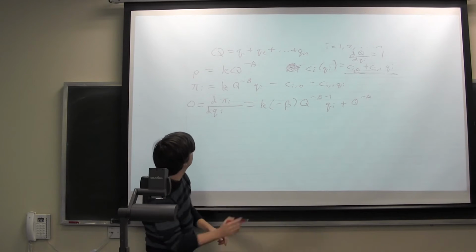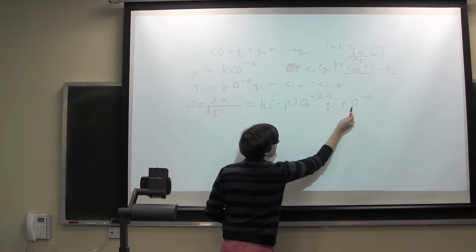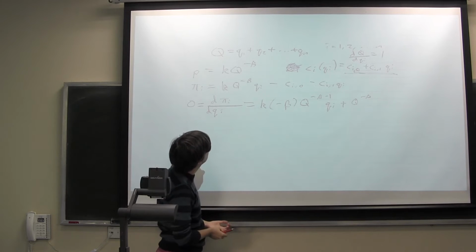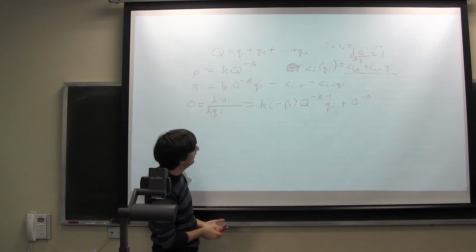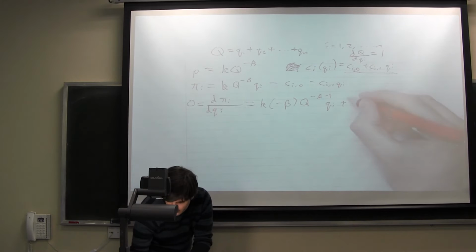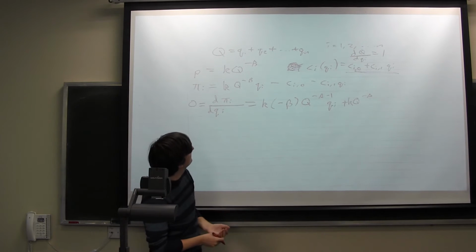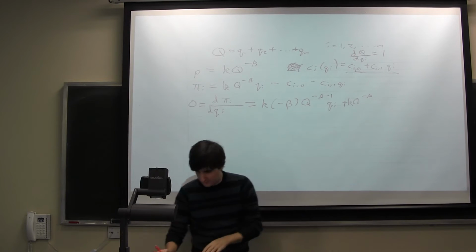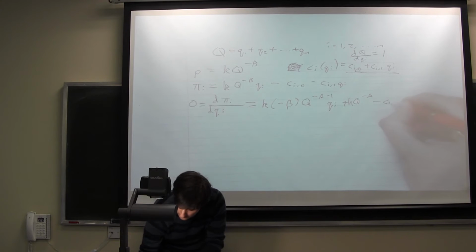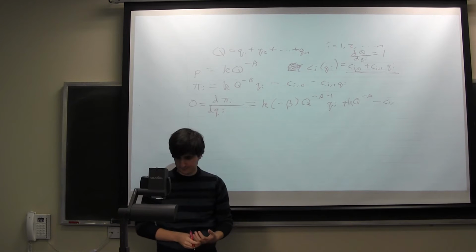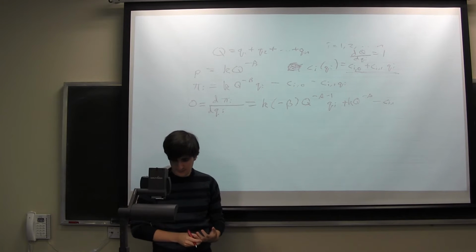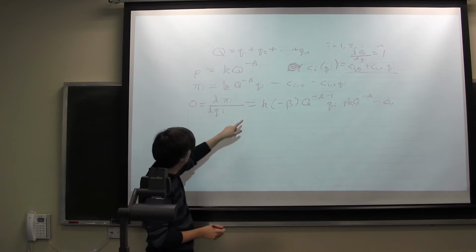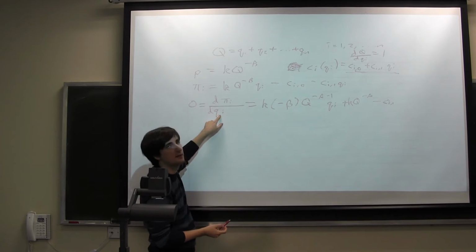So that's our marginal revenue term, if you like. We're not missing a K, are we? Oh yeah, we're missing a K. Thank you. Happy? And then we're going to get minus c_i1. So this is the first order condition for firm i.